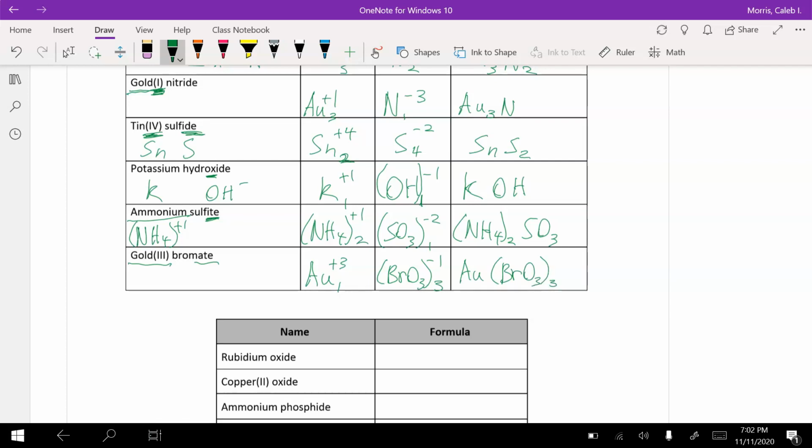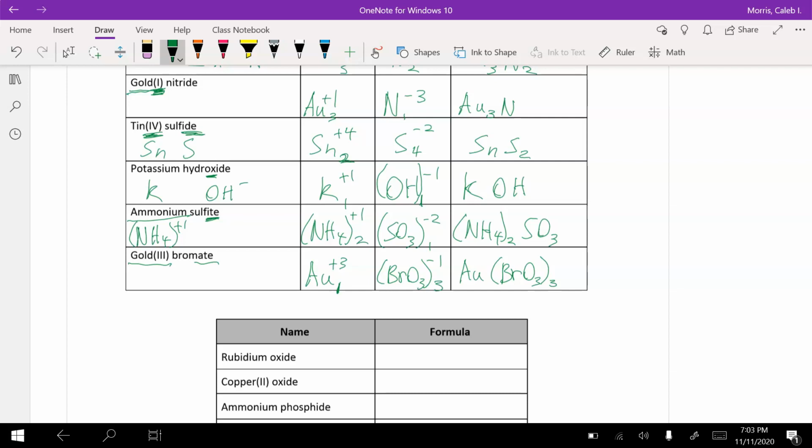All right, before I move on to do the last few, I want to make a point right here because I want to make sure that you understand why we have the subscripts we do. Why are we doing this whole crisscross thing? It's just a quick trick to make it all neutral, to make it balance out. And here's what I mean. If I have one atom that has a positive 3 charge, that's an overall charge of positive 3.